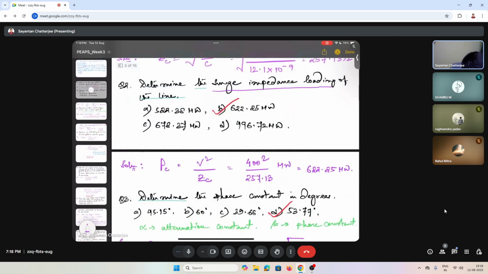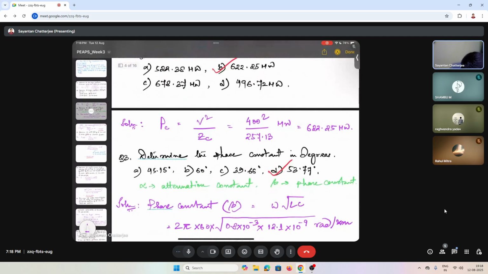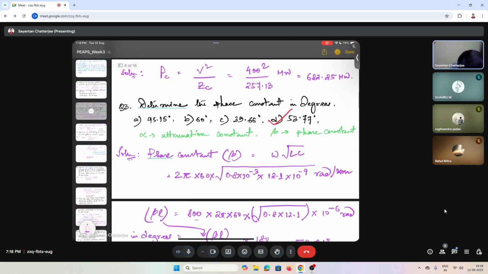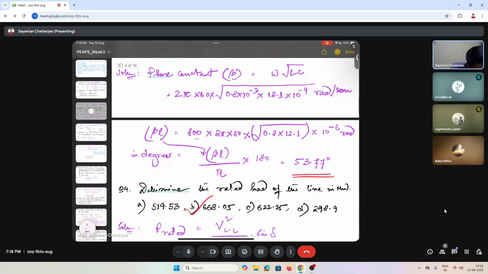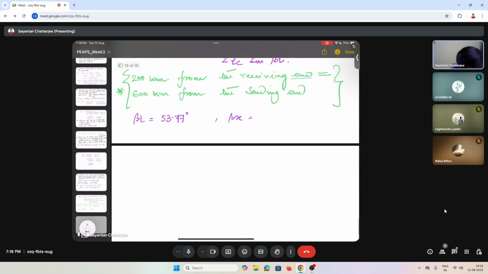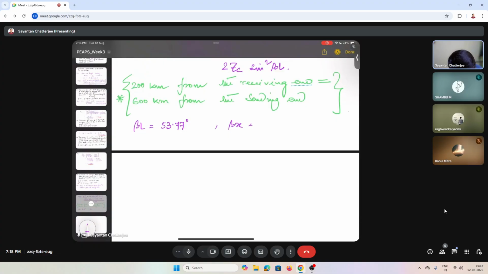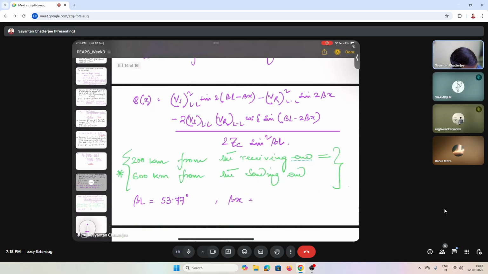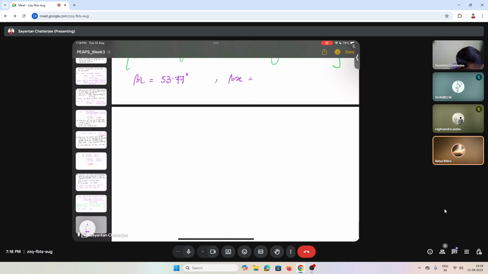So x will be 600 here. Beta value, in radian per kilometer, is 1172.92 into 10 to the minus 6.